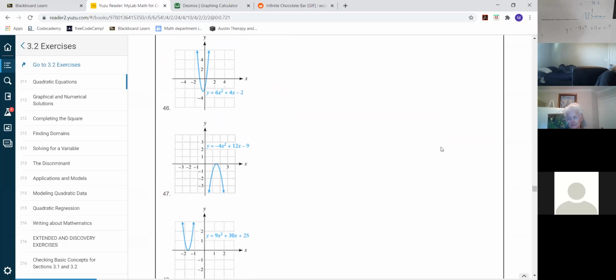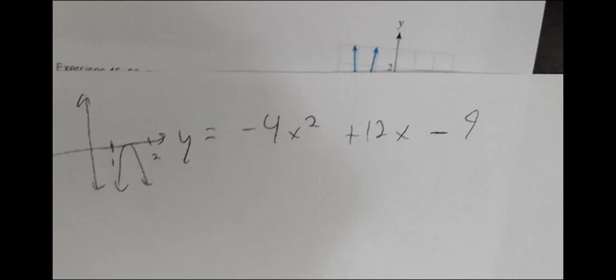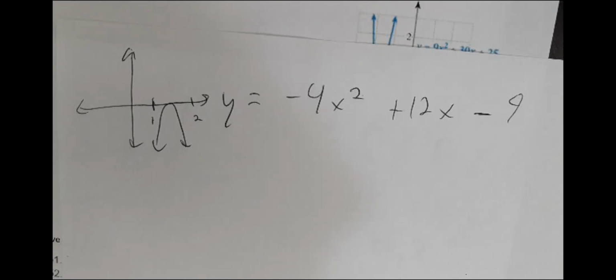Okay, so this one looks like y equals a minus 4x squared plus 12x minus 9. And it looks like it's hitting the axis somewhere between 1 and 2. Yes. All right. So we want to factor this thing.